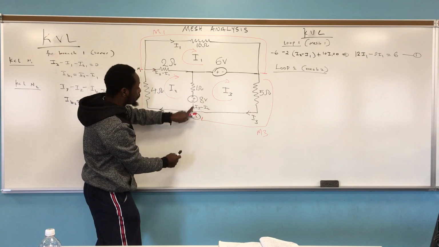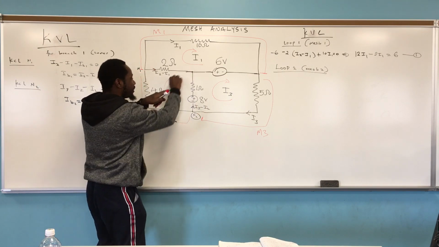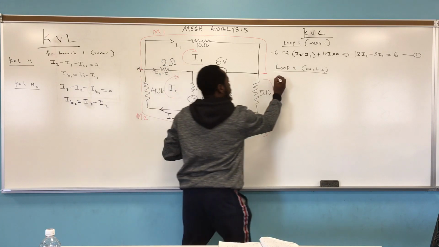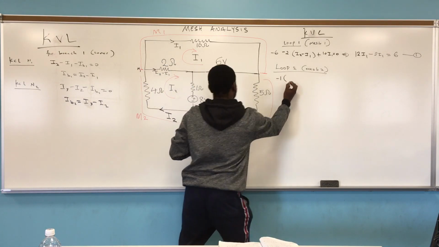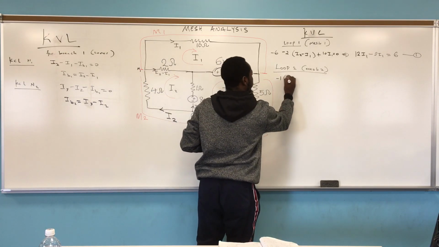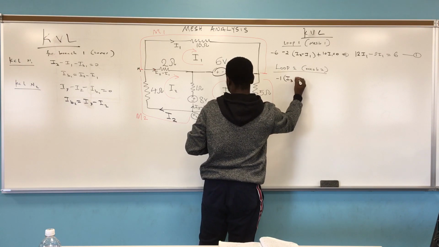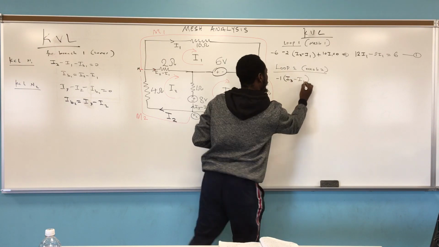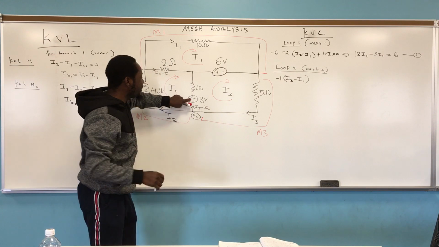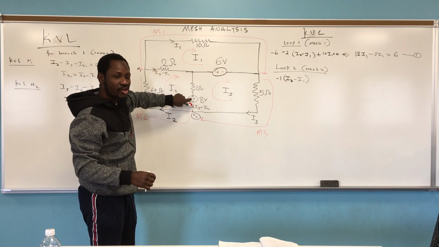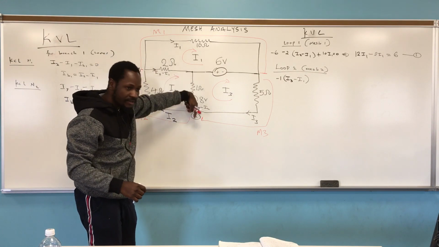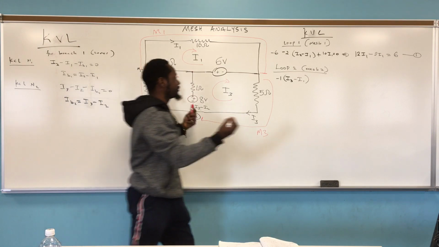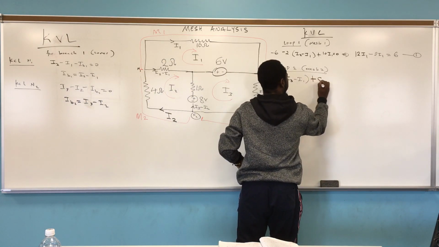The current flowing through it is going opposite the direction we're traveling, so it will be negative, with brackets around that current, which is in terms of the mesh currents. Then we hit a source, positive to negative. It's going to be positive. Plus 8.